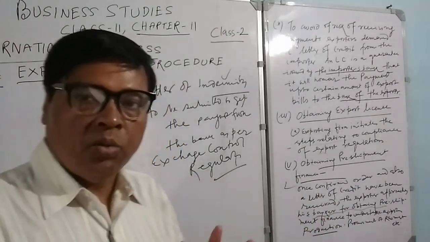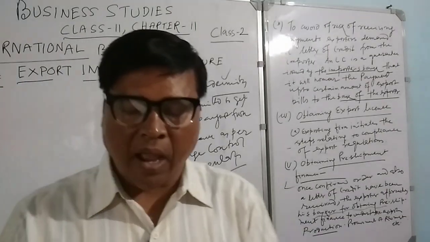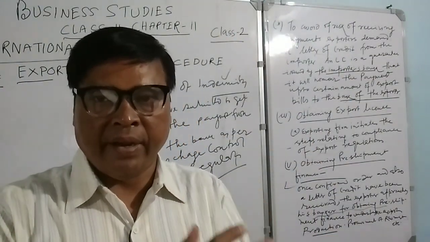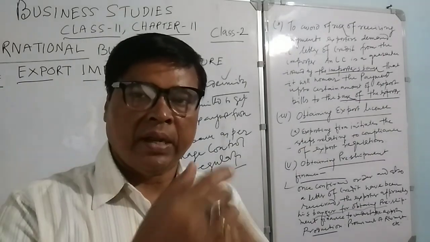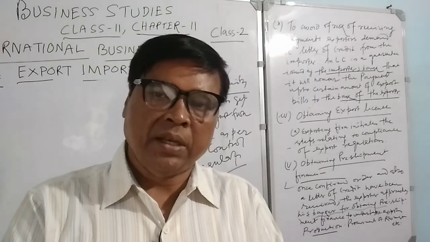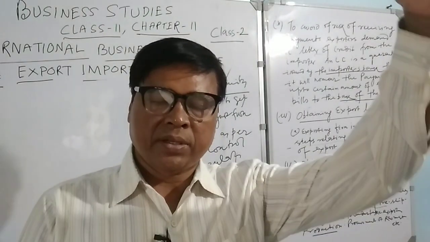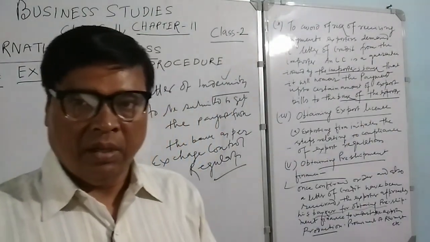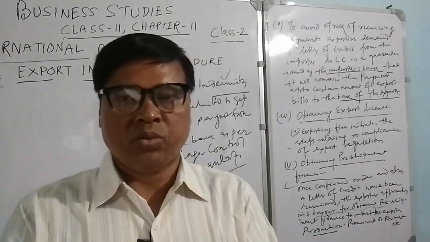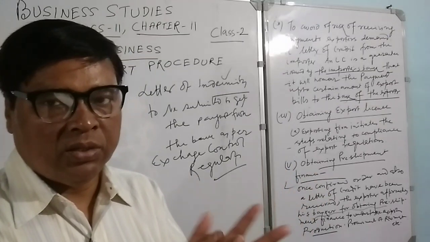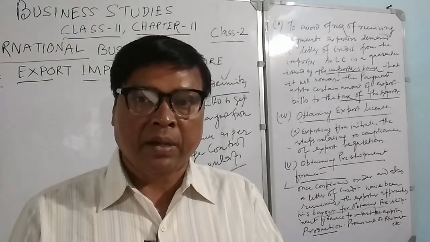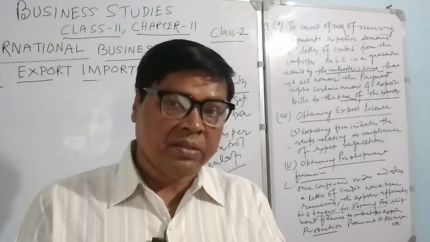Since you are sending outside your country's border, you should comply with all foreign country formalities, rules and regulations, from the production process to shipping, sending the material and all these documents, and more particularly receiving the payment, where you have to be more cautious.